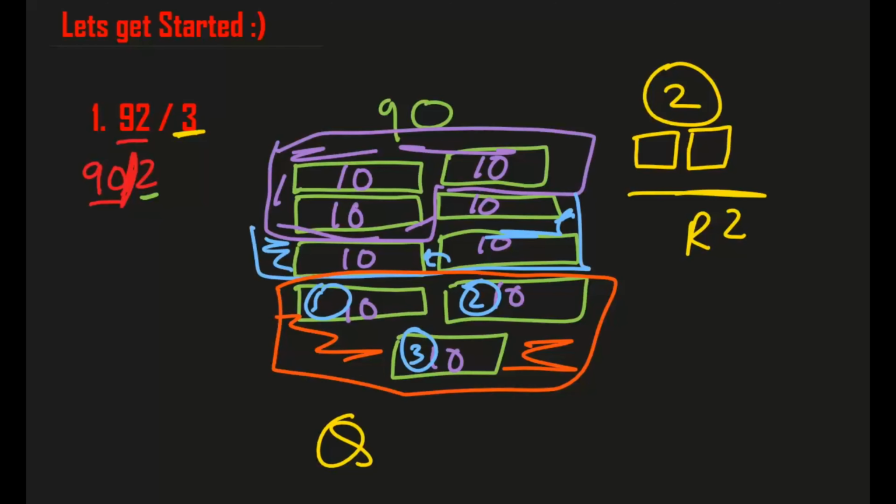Well, our quotient is going to be the number inside each set. So we have 10, 20, and 30. So our quotient is 30. That means our answer equals 30 with a remainder of 2.